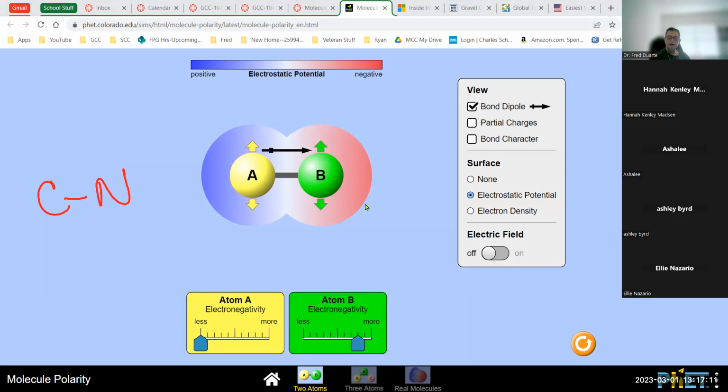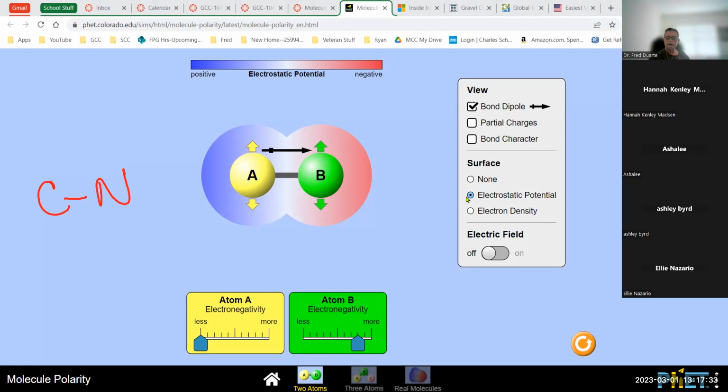So the electron density in that bond is being pulled toward the nitrogen, in this case, B. Also notice the arrow, what we call the dipole arrow, being created, where the arrow itself is pointing toward B, and then the positive side is pointing to A.